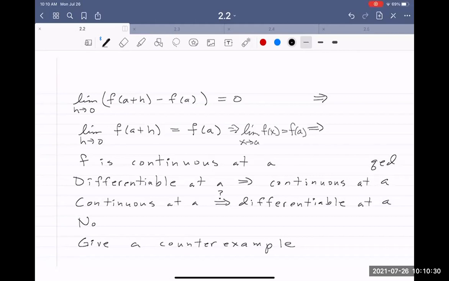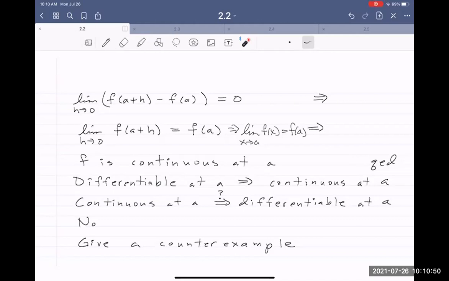That's another one of the equivalences that we gave back in section 1.7. But then this says that f is continuous at a. And so we're done. That's what we wanted to show.